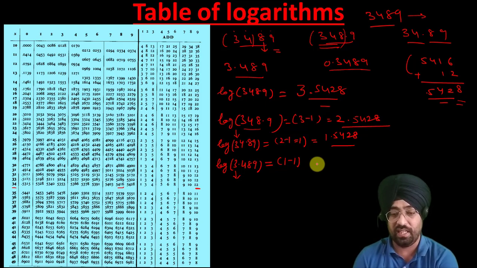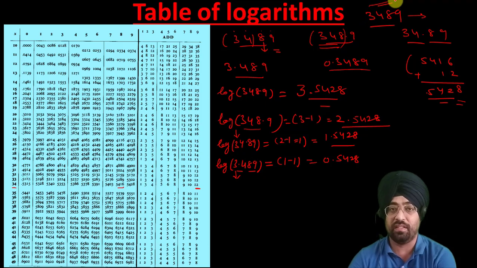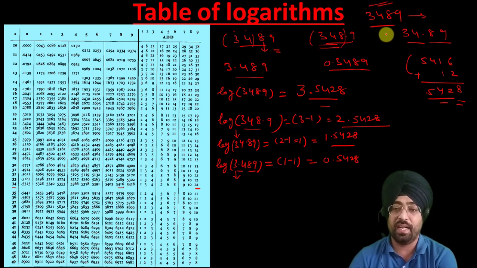I have given the link in the description of this lecture, so please go there. So the value will be 0.5428. As I have told you, when we have to find the mantissa, if the digits are the same, just forget about the decimal and write the 4 digits without the decimal. That's it, 3489. The mantissa of all these numbers will always be the same.